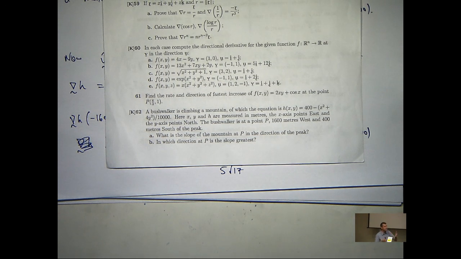Anybody remember? Yes. Is it in the direction of the absolute value of the gradient? Oh, you're almost right. Why the absolute value? So you're right. It's in the direction of the gradient, the same direction as the gradient, right? So you wouldn't put the absolute value in because we still need a vector, right? Yeah. So you're right.